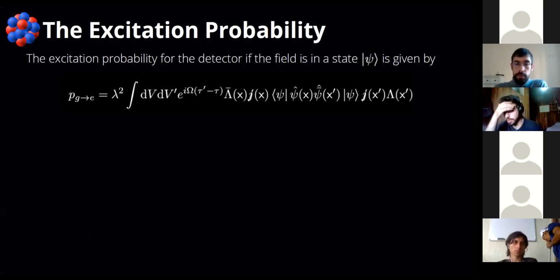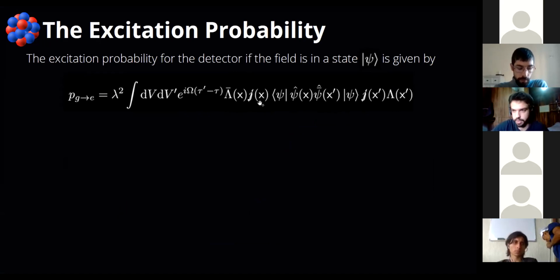So with this, we can compute the excitation probability, right? And once again, if the field's in a state psi, it will be given by this Fourier transform of the 2-point function on the state psi. But here it's a little bit different because the order of the spinors smearing does matter a lot.